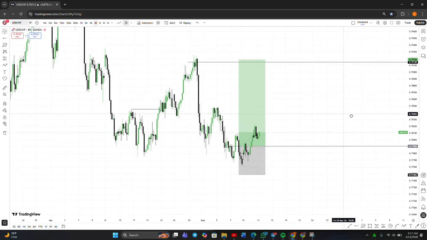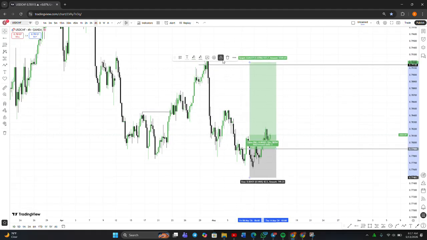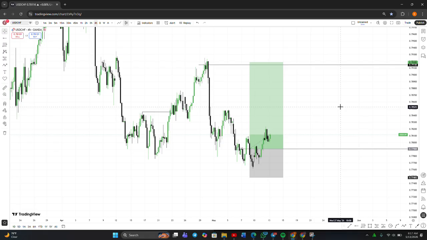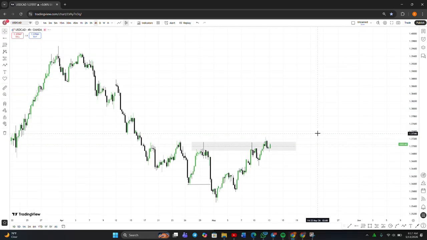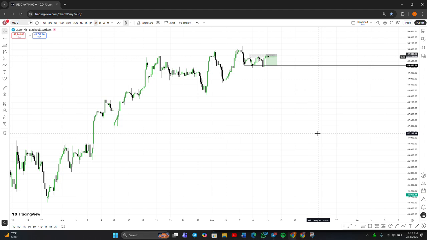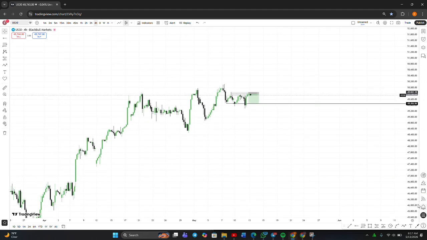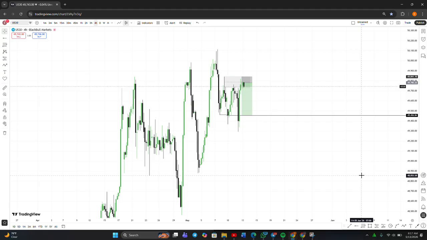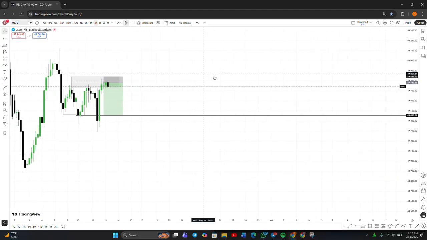So hopefully the market does something tangible this week and gives us a very good take profit. These are the two trades I'm looking out for, this one and this one. These two trades are the trades I'll be taking this week.